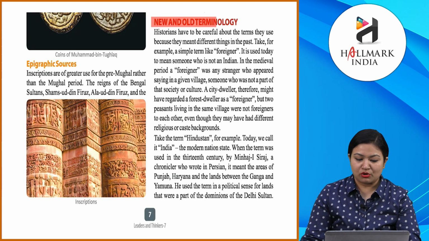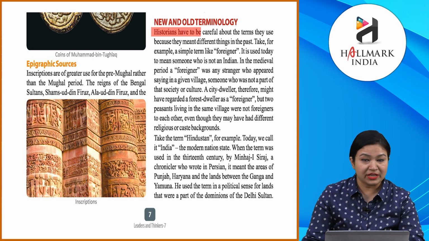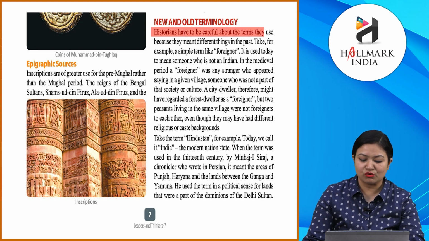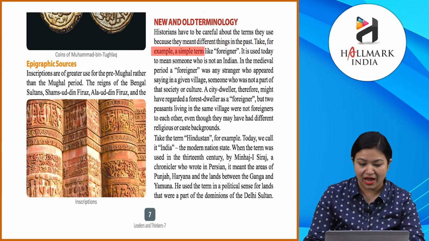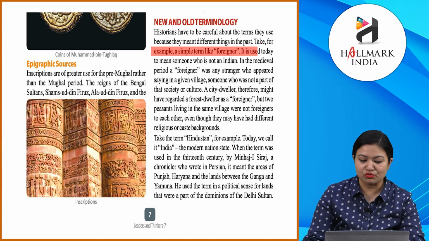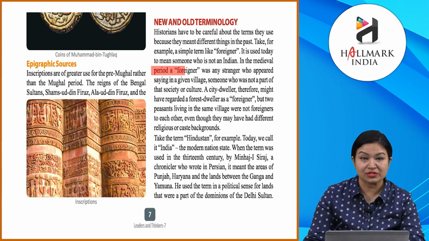New and old terminology. Historians have to be careful about the terms they use because they meant different things in the past. Take for example a simple term like foreigner. It is used today to mean someone who is not an Indian. In the medieval period, a foreigner was any stranger who appeared staying in a given village, someone who was not a part of the society or culture.